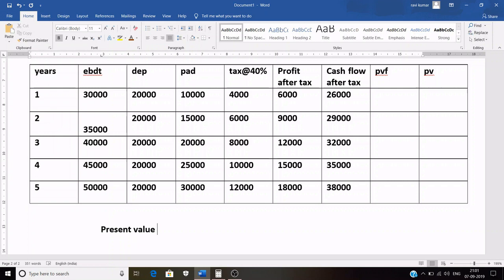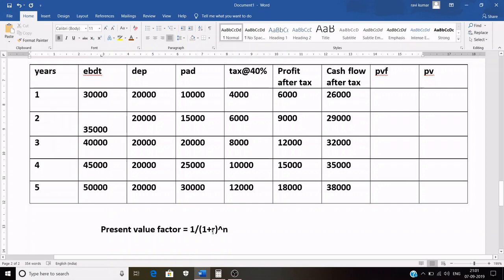That formula says that present value factor is equal to 1 divided by (1 plus R) to the power n. What is R here?